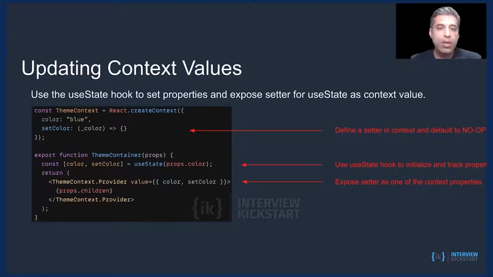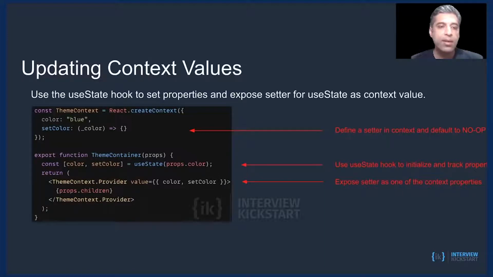In this example below, we've used useState to initialize the color property that we obtain from our props as an initial value. The useState returns a pair of the current value of the property as well as a method to update the property at any given time.